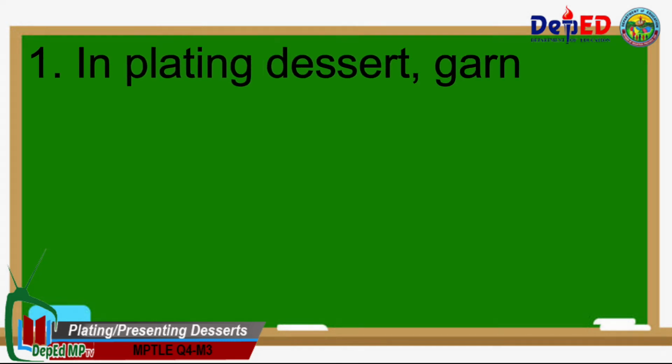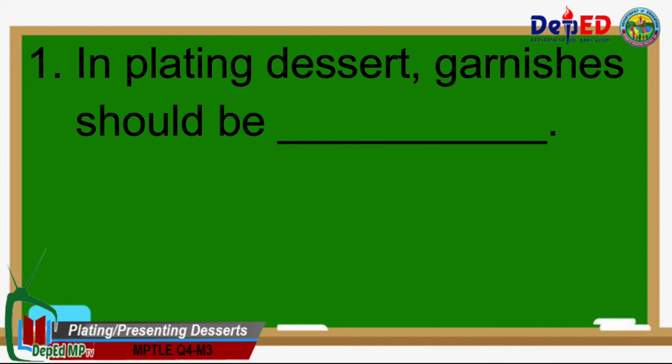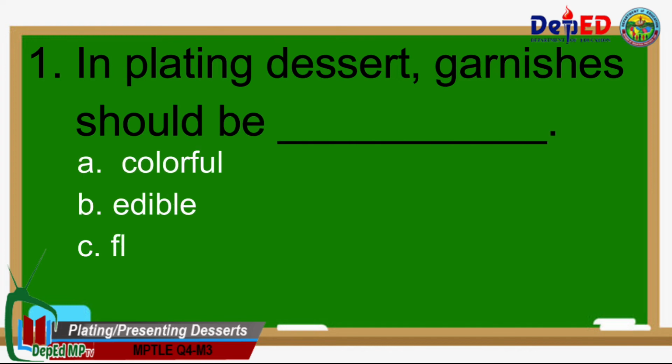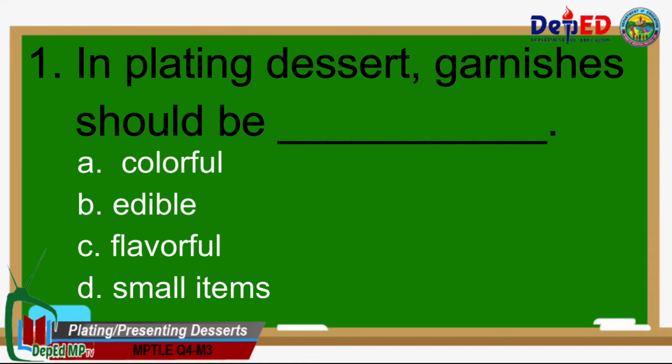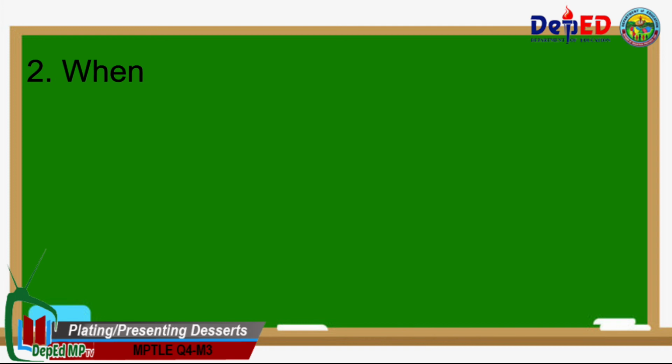Number 1. In plating desserts, garnishes should be A. Colorful, B. Edible, C. Flavorful, D. Small items. The correct answer is letter B. Number 2.